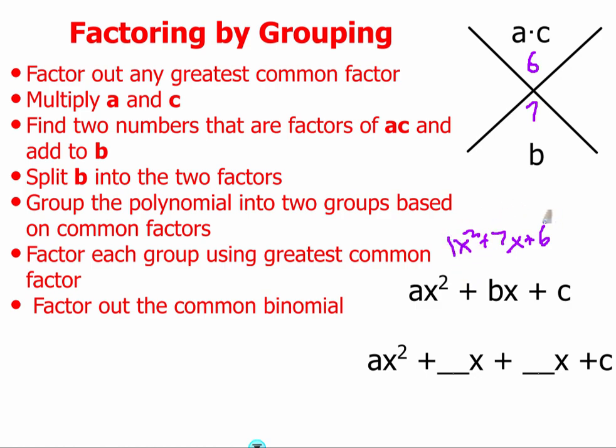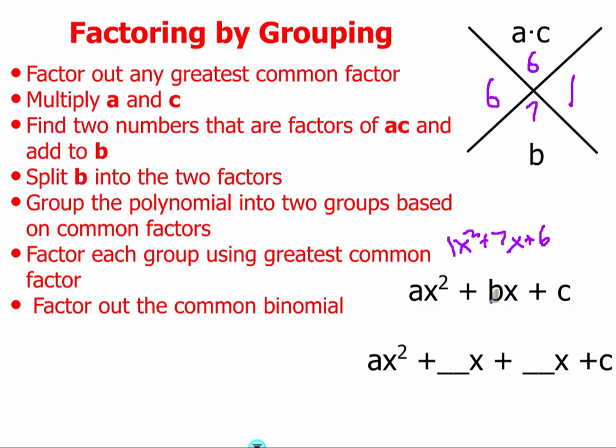So I would go 1 times 6 is 6, and then down here I'd go 7. Then I'd want to think of two numbers that multiply together to get 6 and add together to get 7. If you think about that for a second, those two numbers are 6 and 1. 6 times 1 is 6, and 6 plus 1 is 7.